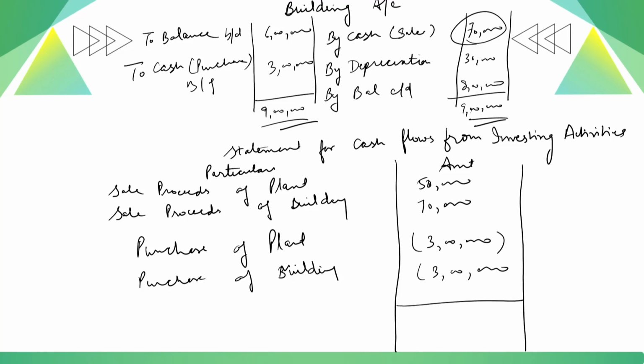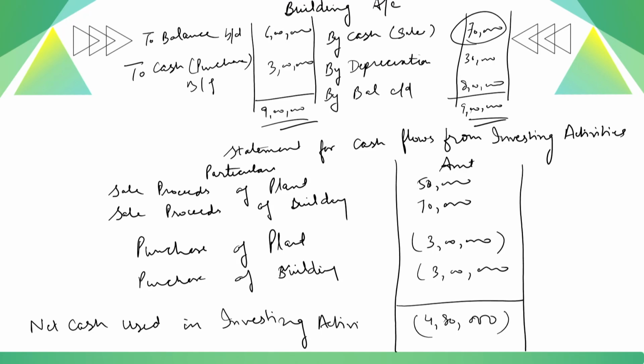So, when we make a balance of the 4 items given in the question, we find the balancing figure of 4,80,000, that is a negative figure. This is actually showing the net cash used in investing activities. This is the numerical number 1.